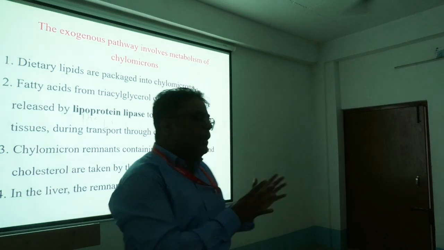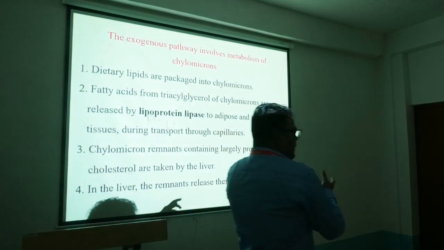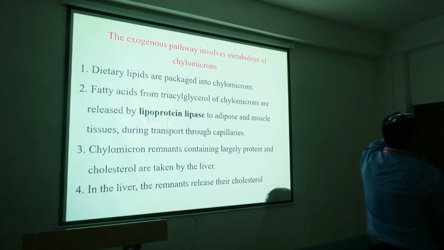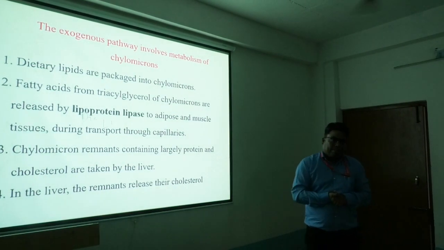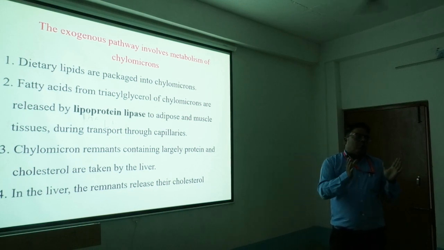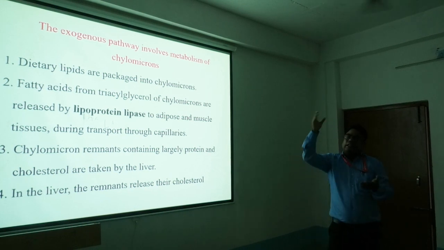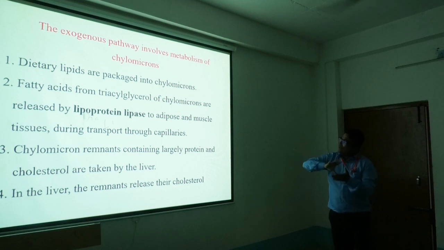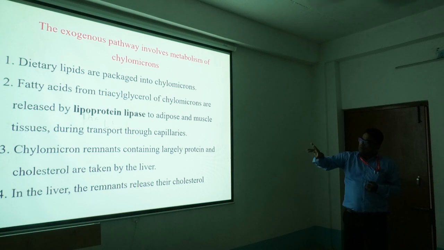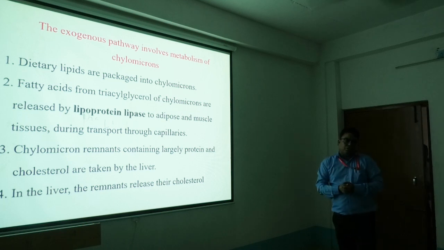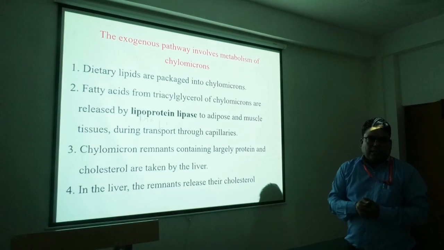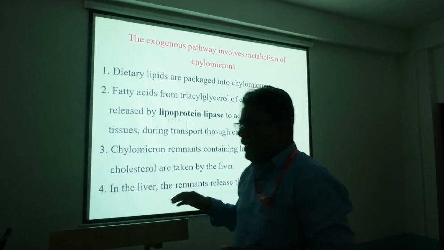There, the lipoprotein molecules are broken down by lipolytic activity, and they can go into adipose tissue and muscle during transport through the capillaries. Chylomicron remnants containing largely proteins and cholesterol are taken up by the liver. In the liver, the remnants release their cholesterol, and they can synthesize other lipoprotein molecules.